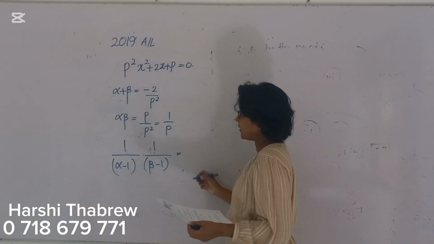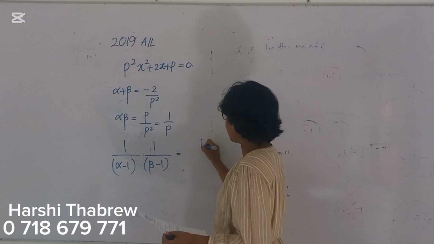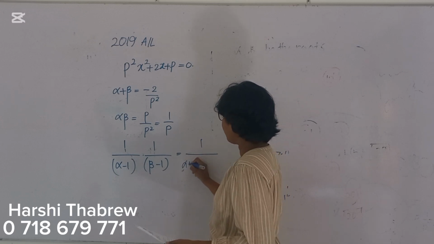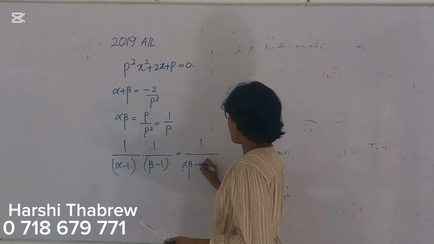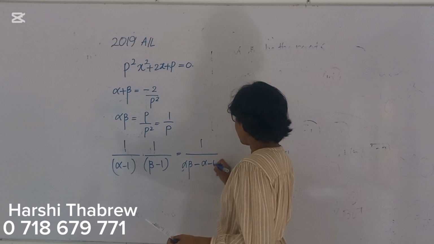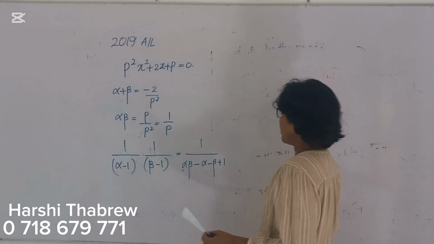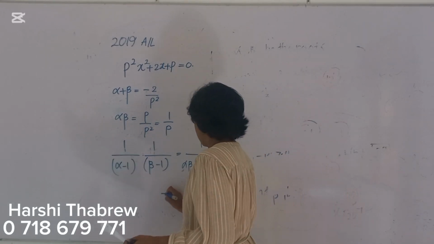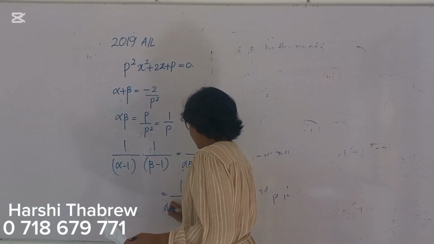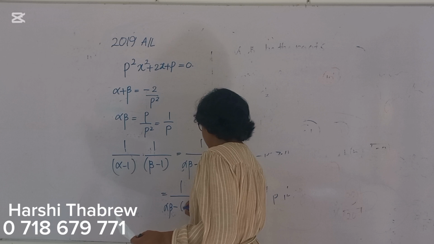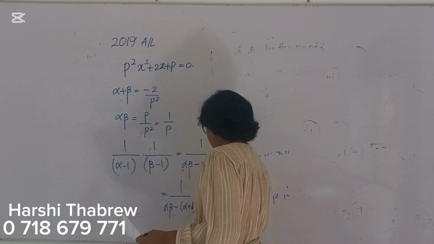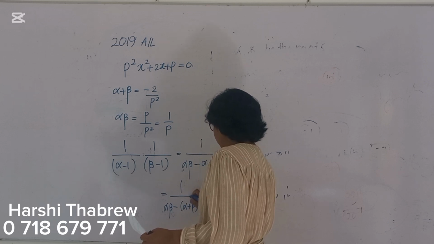It is a product, so 1 times 1 is 1, and in the denominator you get alpha beta minus alpha minus beta plus 1. So you can write it as 1 over alpha beta minus alpha plus beta plus 1.